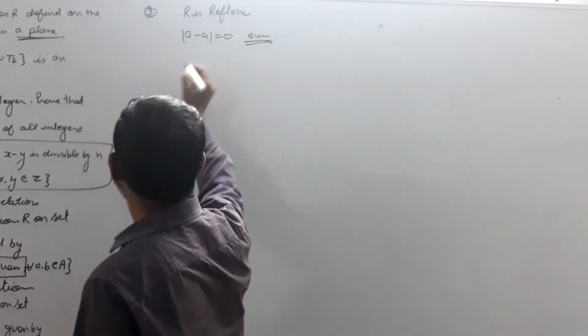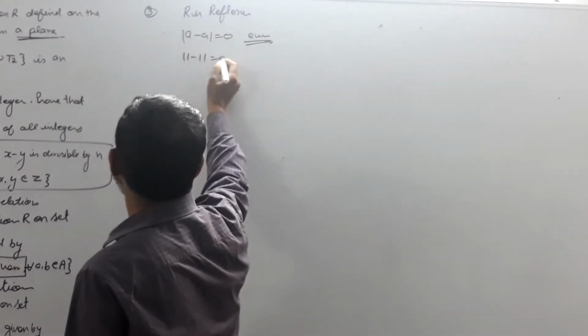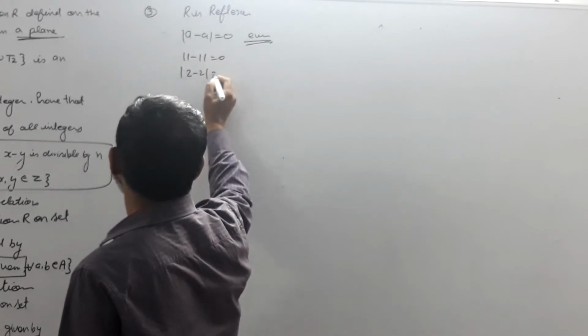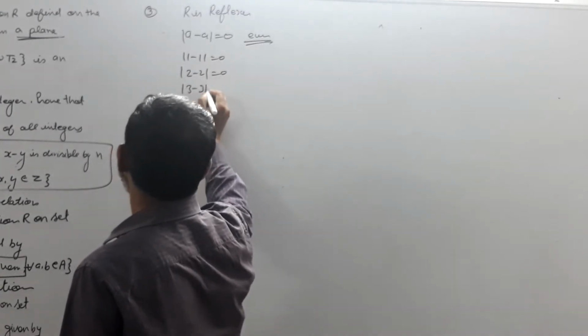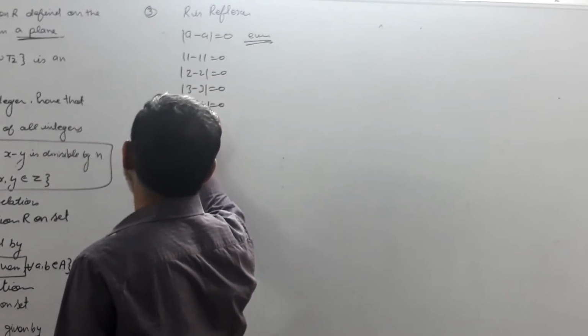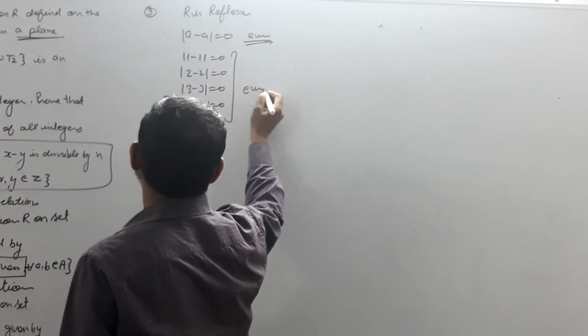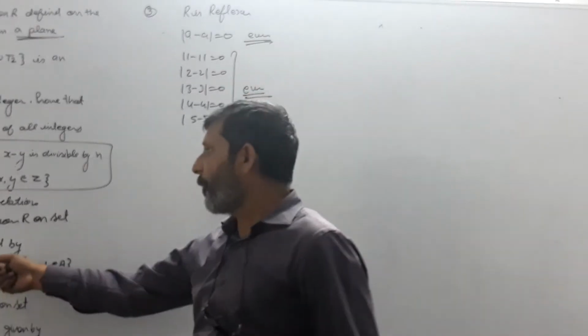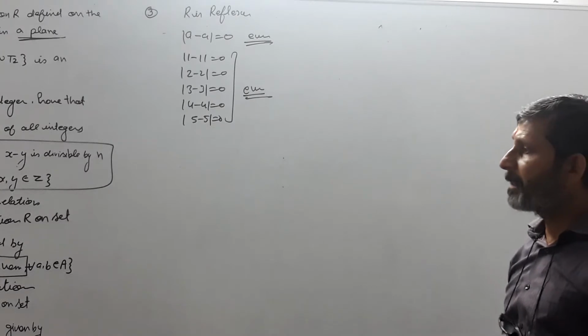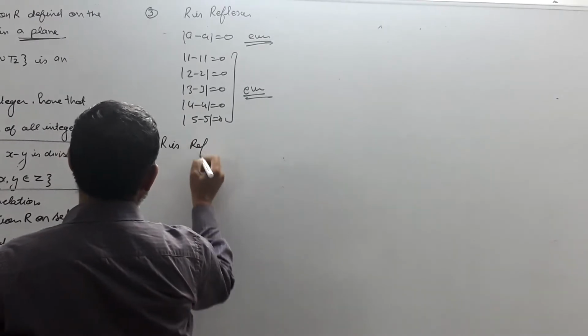Or in other words, what about in the sets? What about 1 minus 1? 0. 2 minus 2? 0. 3 minus 3? 0. 4 minus 4? 0. And 5 minus 5? 0. And all are even numbers. Therefore, every element of the set is related to itself. Therefore, R is reflexive.